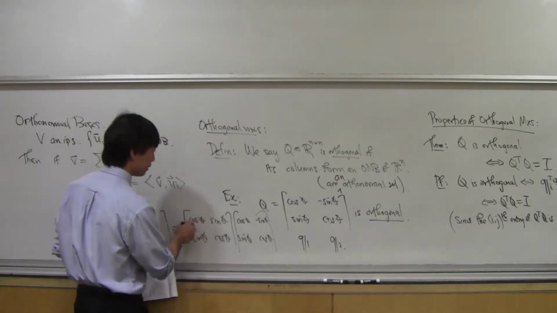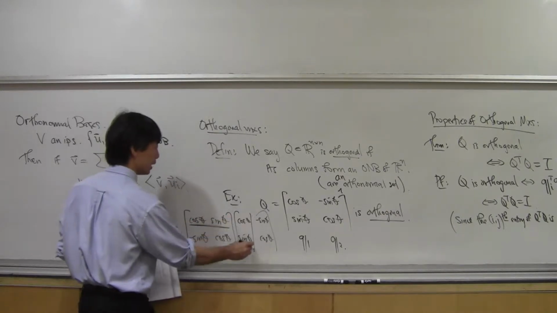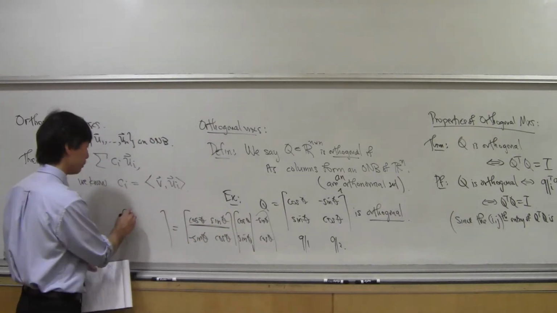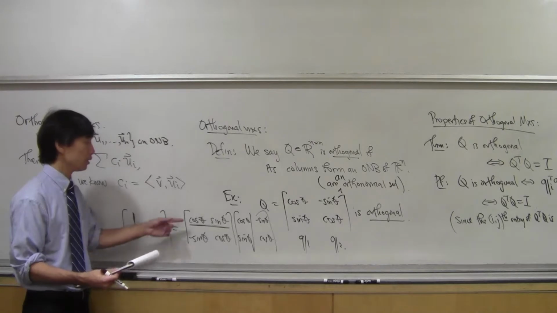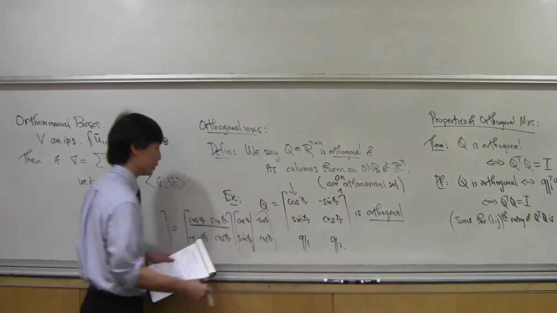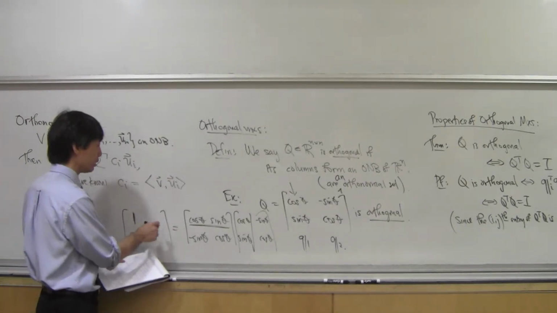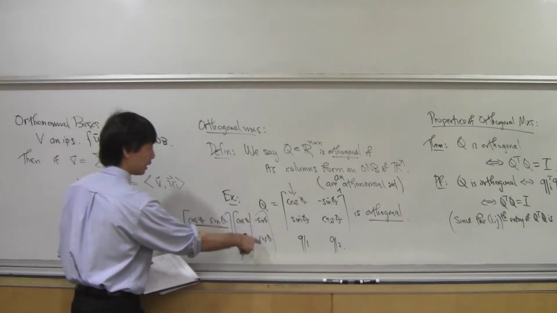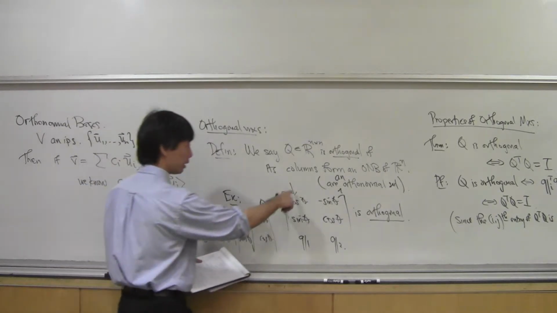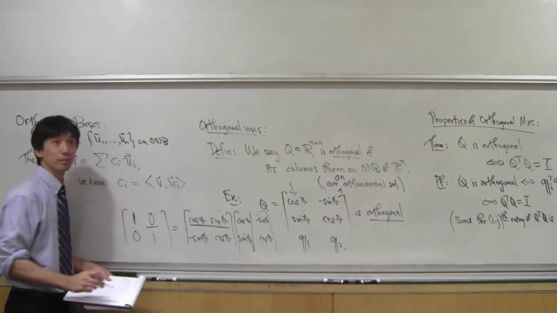In the 1,1 entry, we get this thing against this thing. That's going to be 1, because the first column against the first column is 1. Now the 1,2 entry, we get this against that. That's going to be 0, because we're taking the first column against the second column. Et cetera, et cetera.